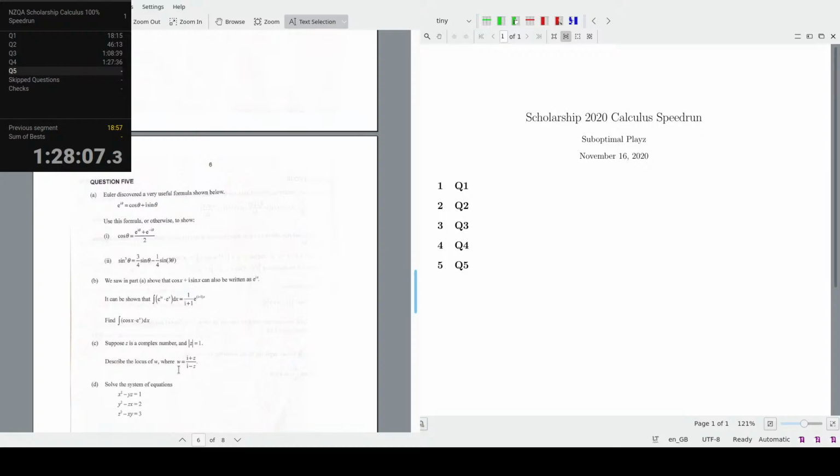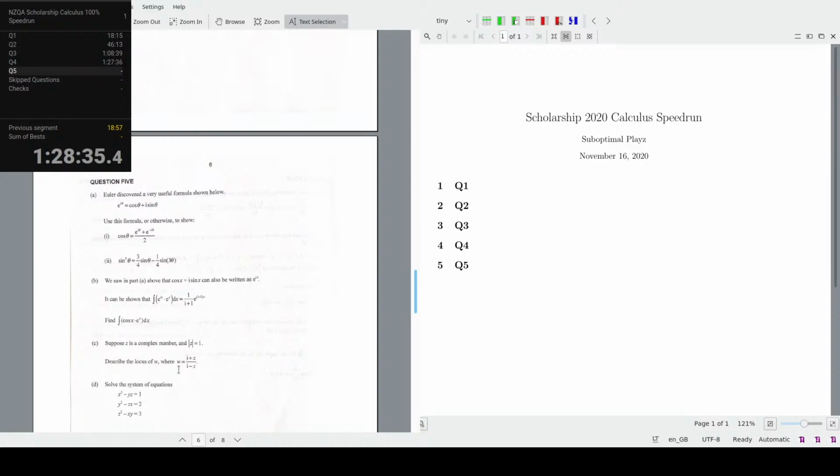Alright, so if we just sub it in, right? 5a, e to the i theta is equal to cos theta plus i sine theta. But e to the negative i theta is actually equal to cos of negative theta plus i sine negative theta, which is equal to cos theta because cos is even, right? Cos theta is equal to cos of negative theta.